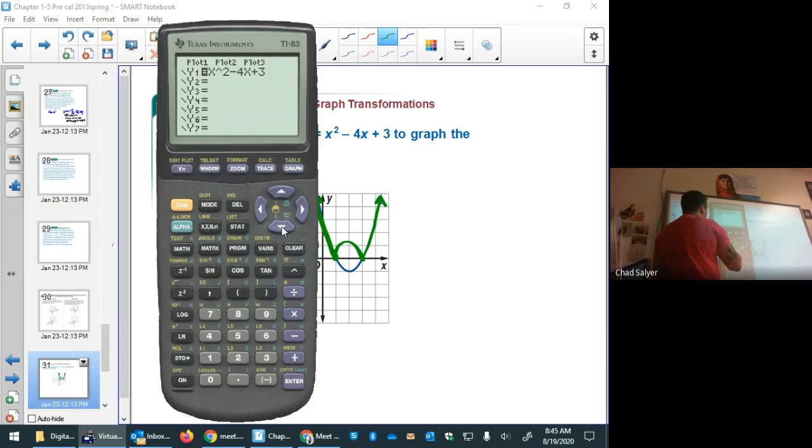And then here I'm going to have the absolute value of x squared minus 4x plus 3. And if I go over here and change that to a fat line to be more succinct, and I need to zoom standard here. So zoom 6. Original, modified. We see it matches what we had.